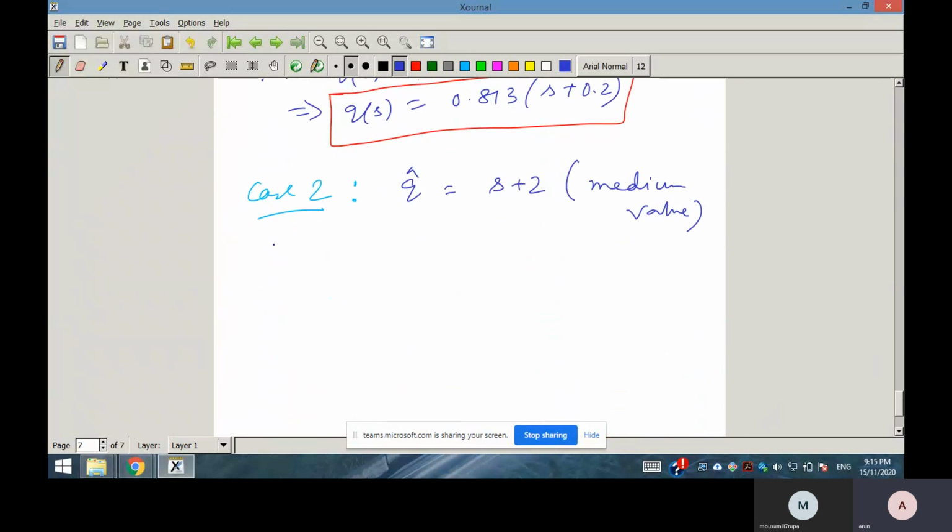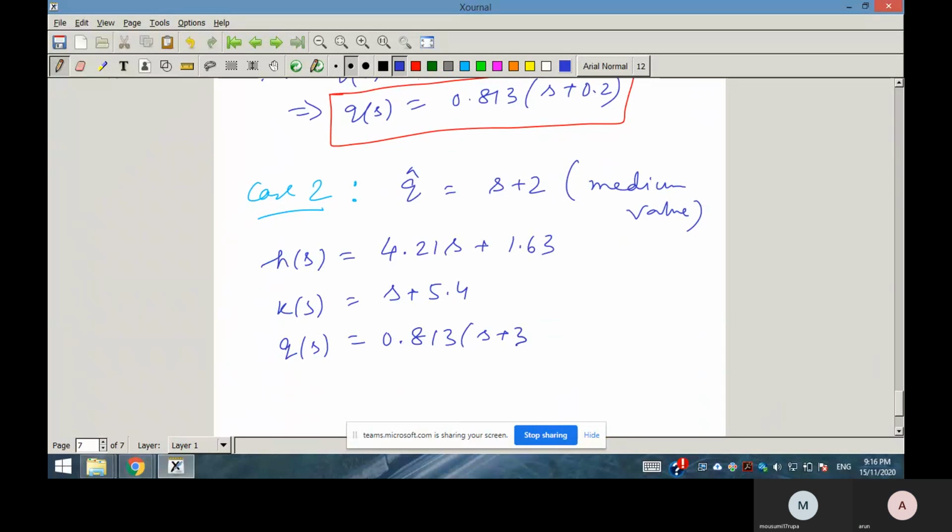Then you can calculate in a similar way. HS will come out to be, please check, 1.63, then KS will be S plus 5.4, and QS will be 0.813 into S plus 2. So this is for case 2.